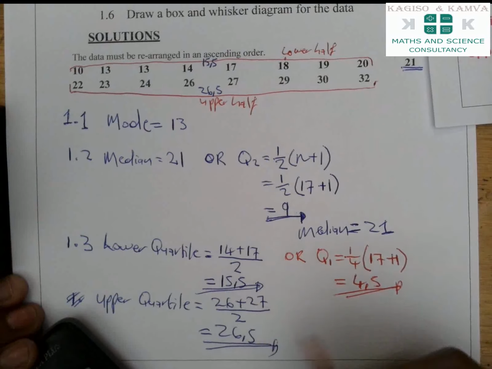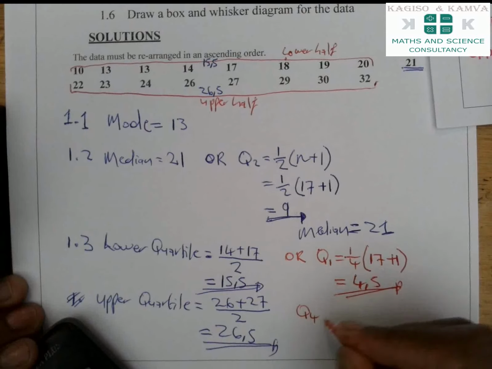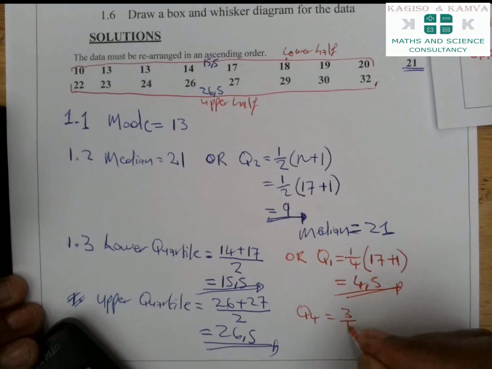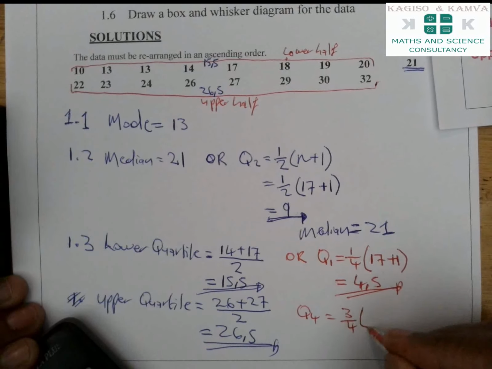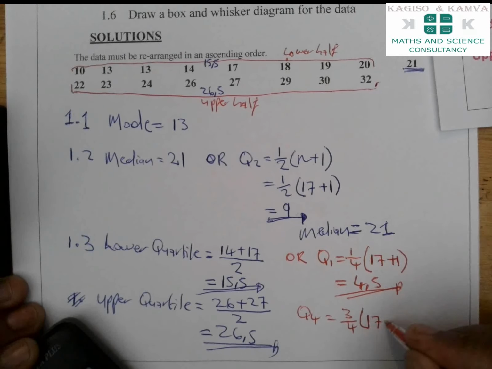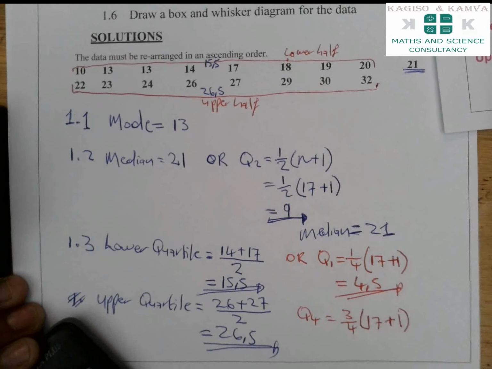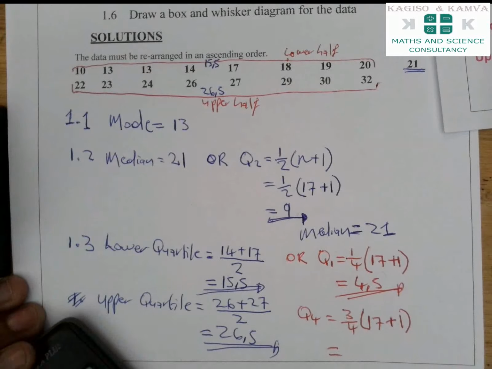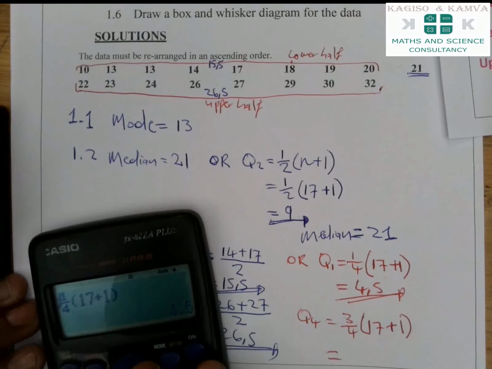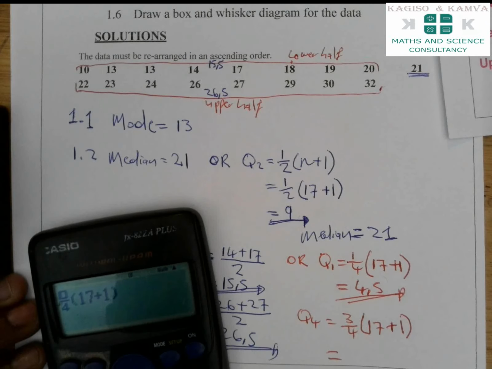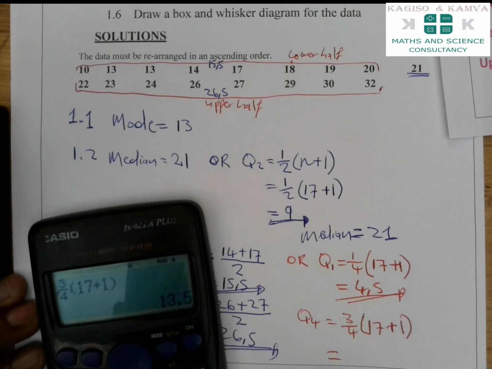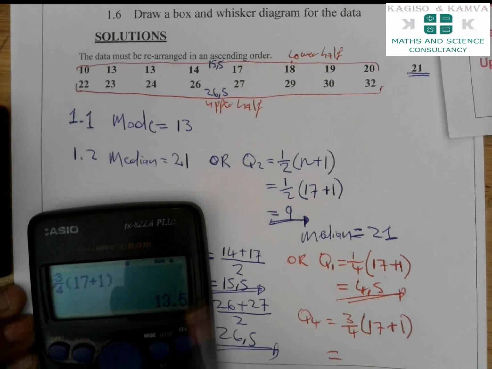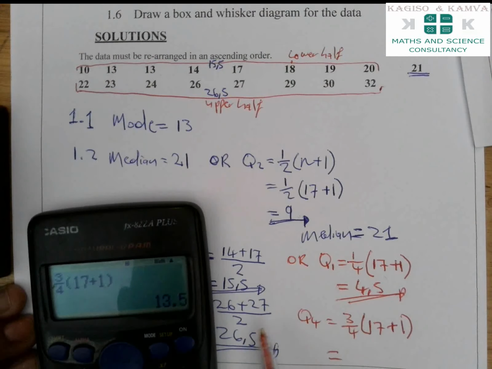Now the position of the upper quartile, Q3, that will be 3 over 4 times 17 plus 1. What do we get there? That will be 13.5. If it's 13.5, it means it is between position number 13 and position number 14.